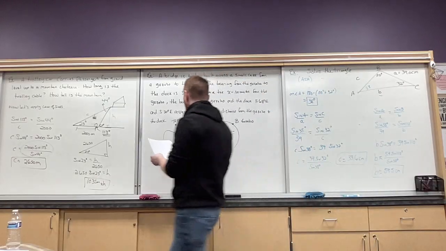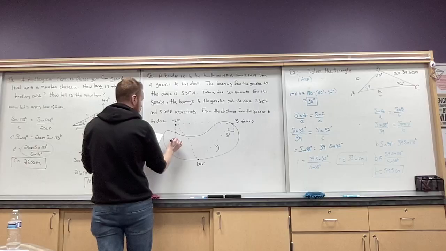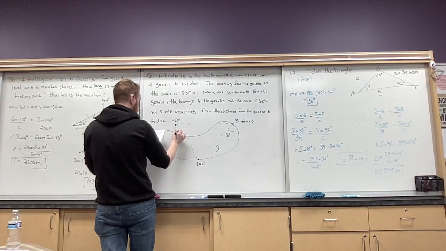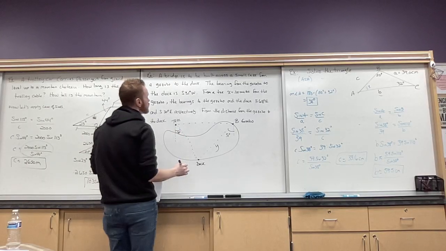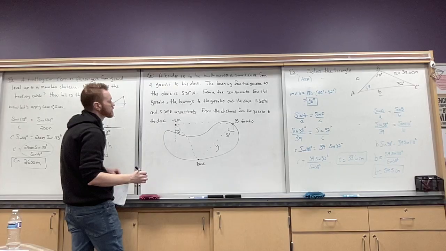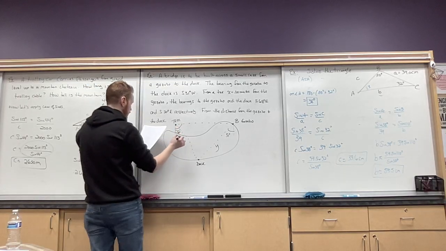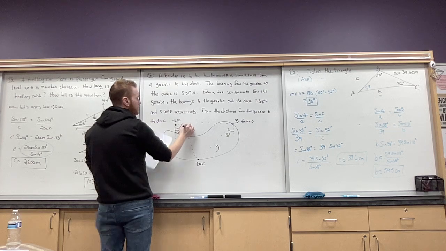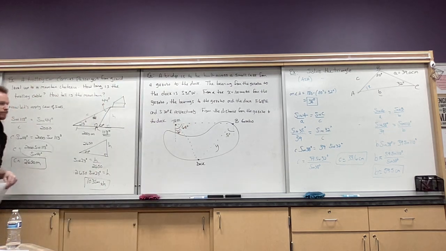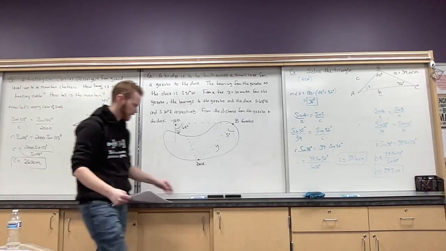And then, over by the tree, I have 2 measurements. From the tree to the dock, we're going 30 degrees southeast. And then, respectively, to the gazebo was 68 degrees southeast. So there's the picture. A lot going on in that picture.